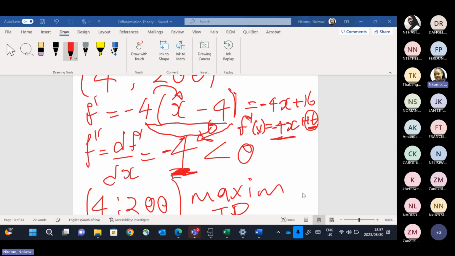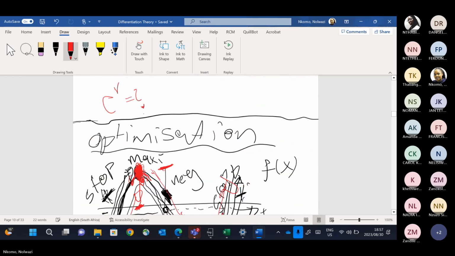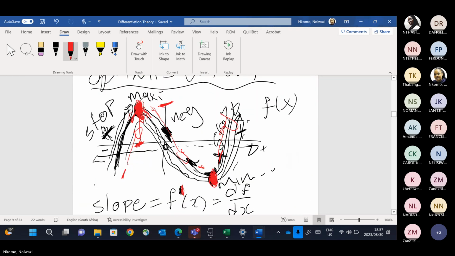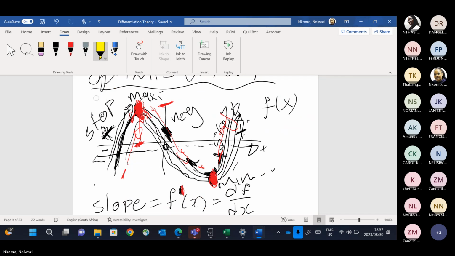All right. Our last section is finding the interval along which the function is increasing or decreasing. It is to find these parts, this interval, and this interval, and then this interval.